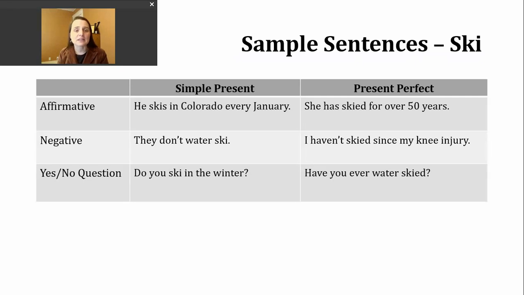Here's an example sentence. They don't water ski. Could be they don't enjoy it, maybe they don't know how, but it is not their habit or routine. Finally, if I want to make a yes or no question in the simple present, so I'm asking about someone's habits or routines, I will start with either do or does, depending on my subject, which comes next, and then the base verb.